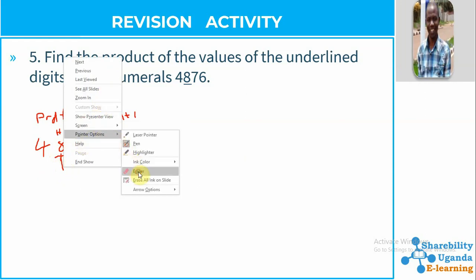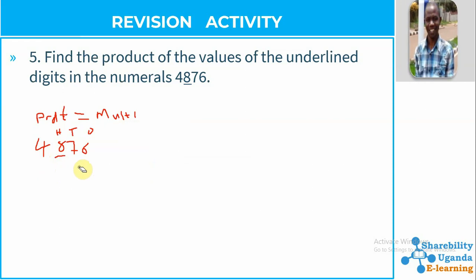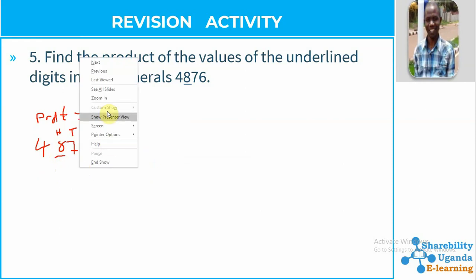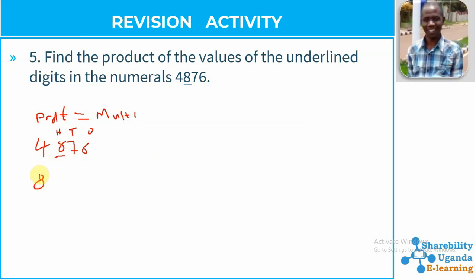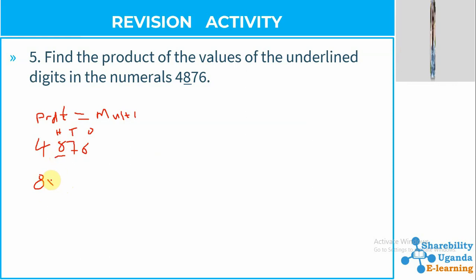Let me first remove this, it is distracting. For us to get the product, we shall get our 8 which is underlined. Then we multiply by its place value, which is 100.